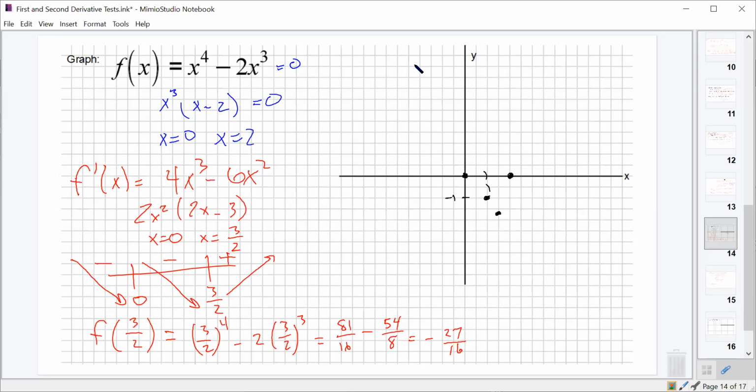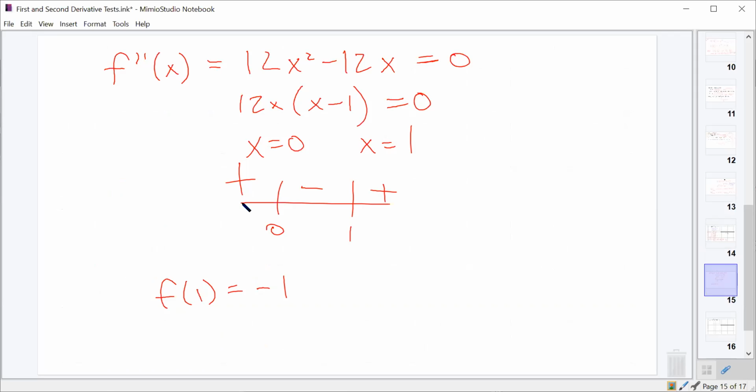So we know we're starting up here, and we are decreasing all the way to 3/2. But what happens at 0? At 0, we have a change in concavity from concave up to concave down. So at 0, we need to do something like this, don't we? To continue decreasing and change from concave up to concave down.